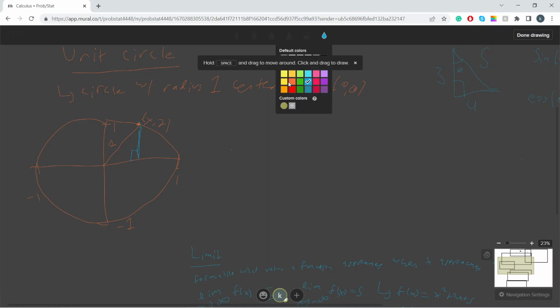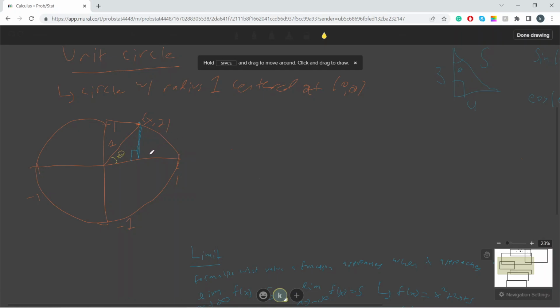I'm going to label that in yellow. So there's this angle formed right here. And remember that the positive horizontal axis is our point of reference. So here's our theta.